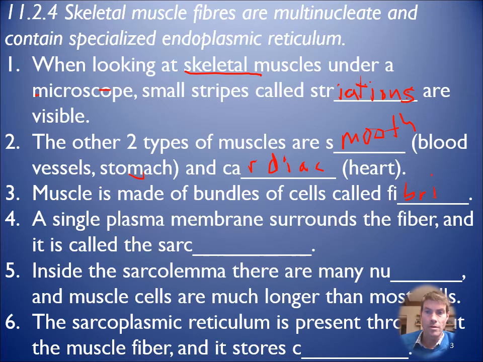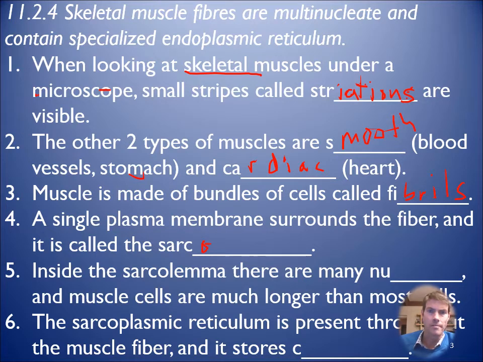So, fibrils. Muscles are made of these bundles called fibrils, and a single membrane surrounds the fiber. It's called the sarcolemma.